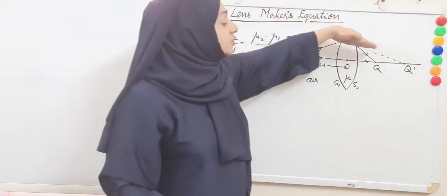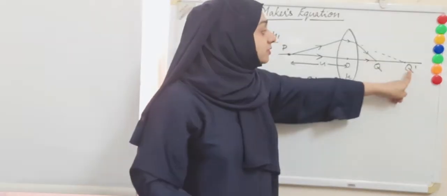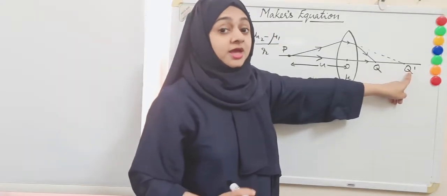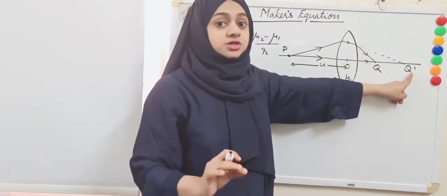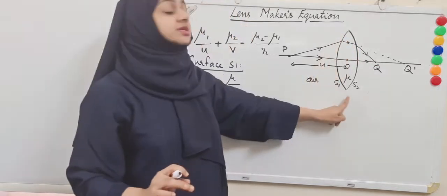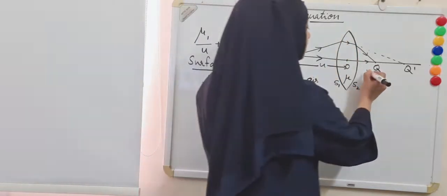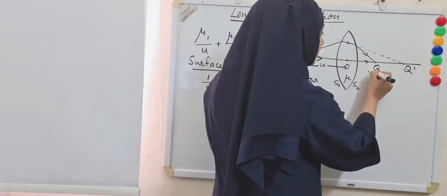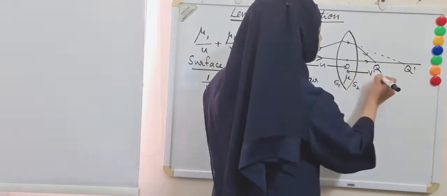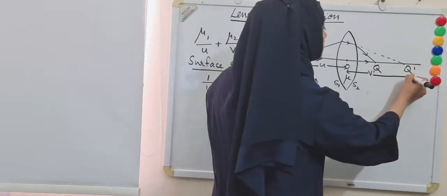The light ray would have gone directly and reached the point Q prime, and the image will be formed at Q prime if refraction takes place only at surface S1. So we can consider this as the image, and let V prime be the distance between the optic center and the image.